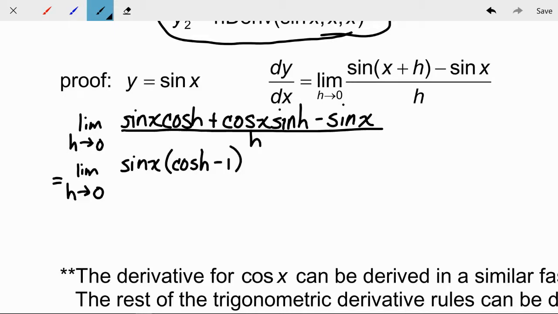What I did was take the first term here and the last term here, and I factored out a sine of x. Okay, so that's the first thing. And now the second part of this, I still have my cosine x sine h. So that would be plus cosine x sine h.